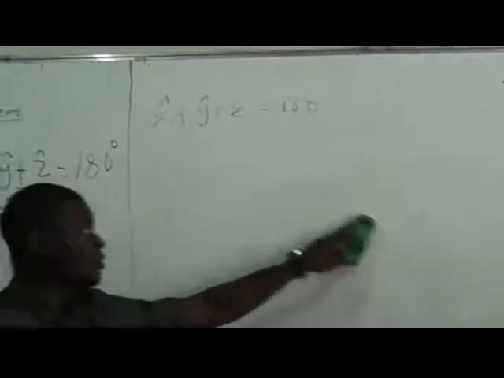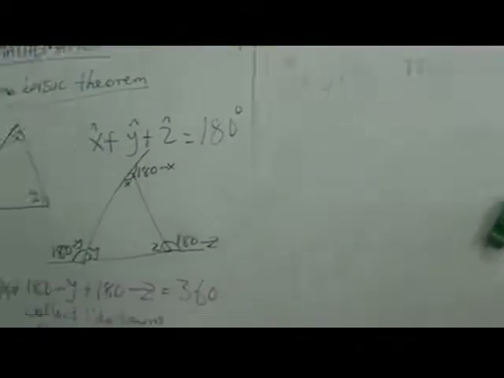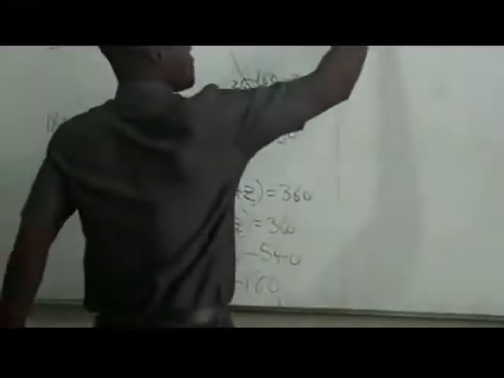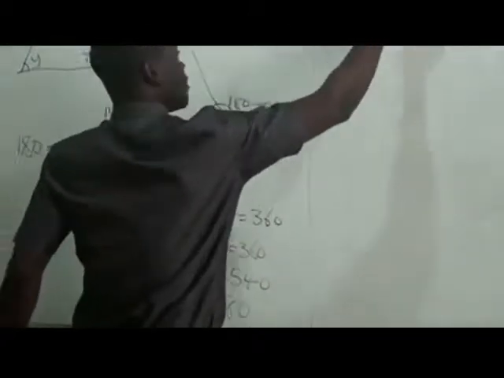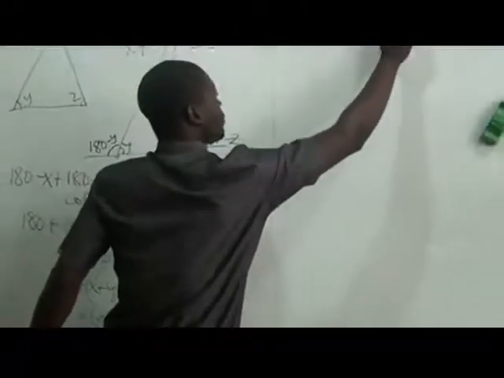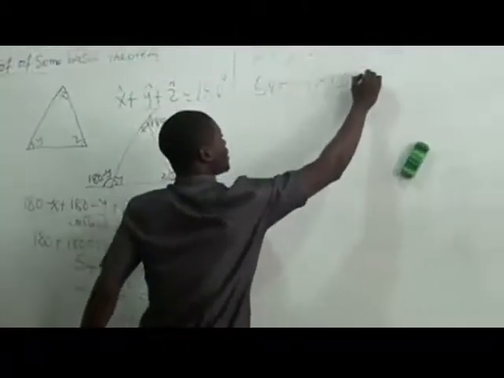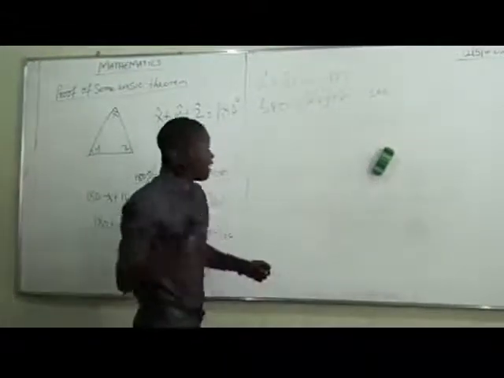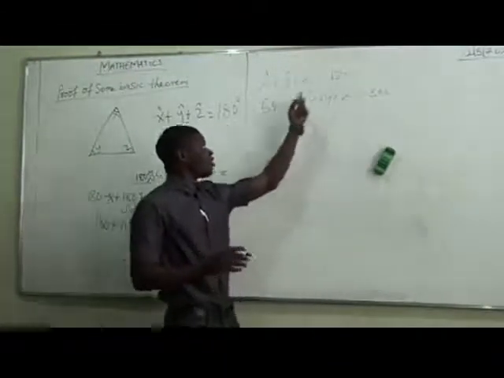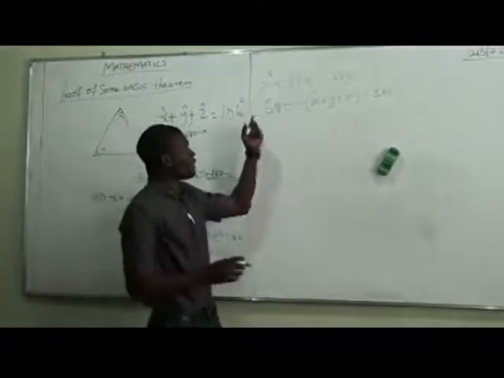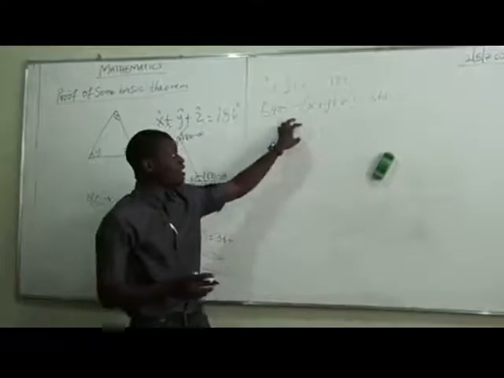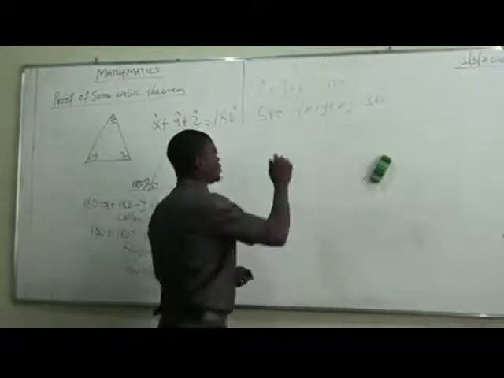There is another way you can even solve this. Now look at the board. From 540 minus bracket x plus y plus z equal to 360, another way you can do this is that 360 can cross the equality sign, while the unknown variables can also cross to the other side. Now let's watch it.